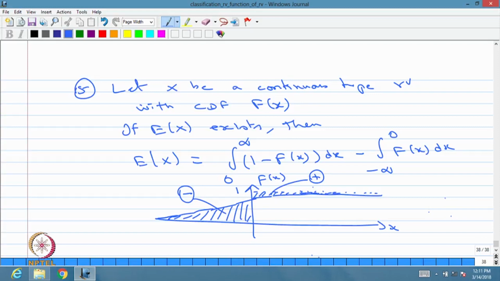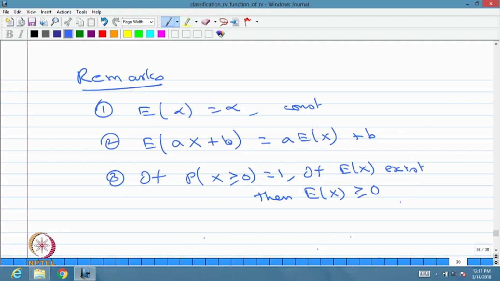Suppose X is a non-negative random variable, that is, the probability of X greater than or equal to 0 is 1. Using the first remark, third remark, sorry: if the probability of X greater than or equal to 0 is 1 and the expectation exists, then the expectation of X is going to be greater than or equal to 0.